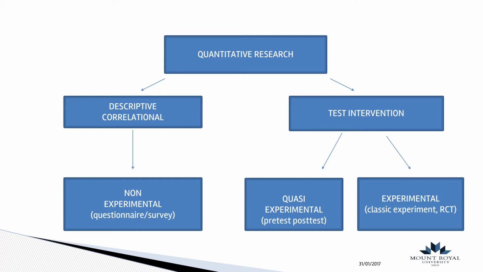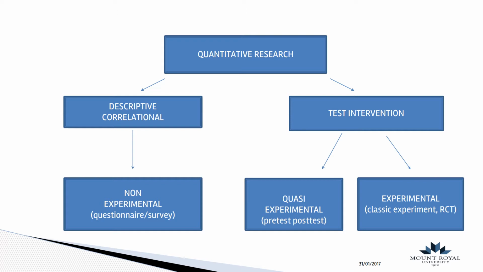So this is not experimental; we're not testing an intervention. It might be something very simple, such as a survey, that does produce mathematical numbers and statistics, frequencies, percentages, etc. But we're not testing anything.